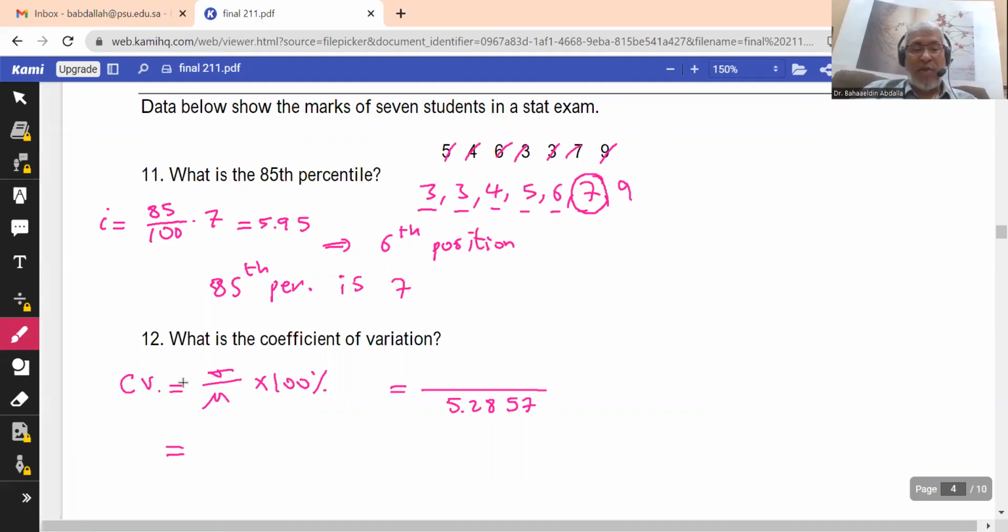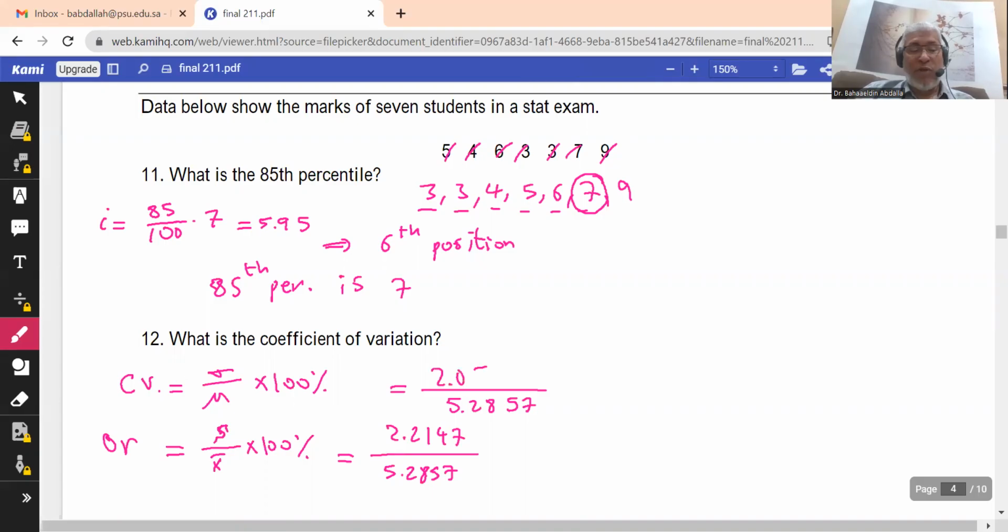It's not understandable from the question. He did not say it's a population. So you can say it's a population or not. If you use sx, this is 2.147.